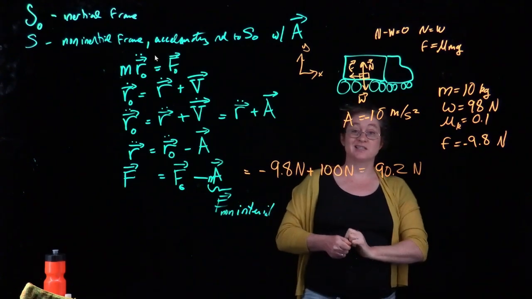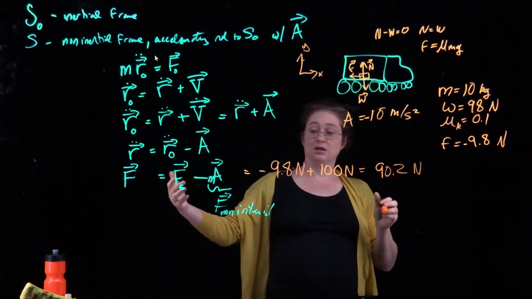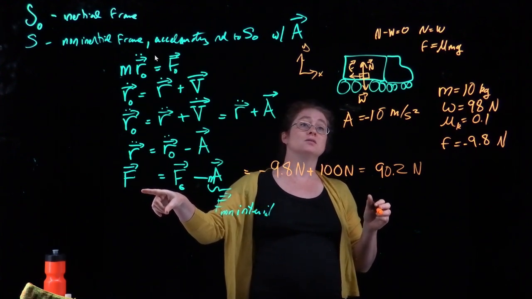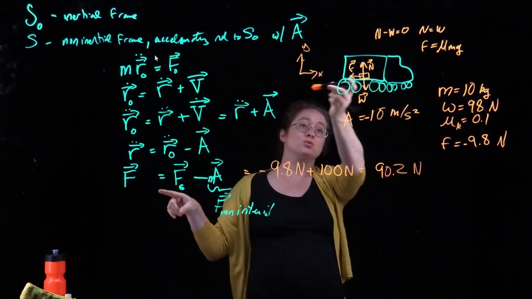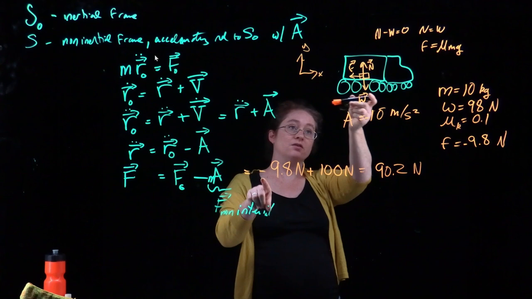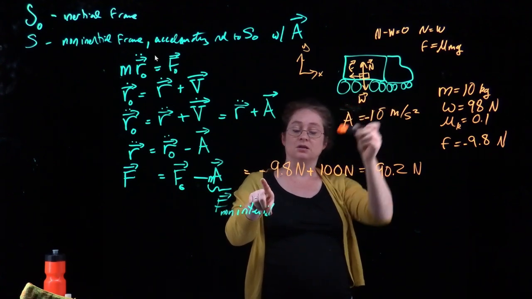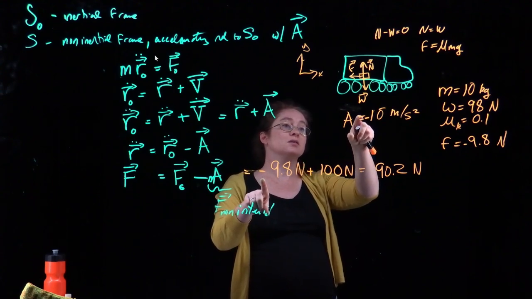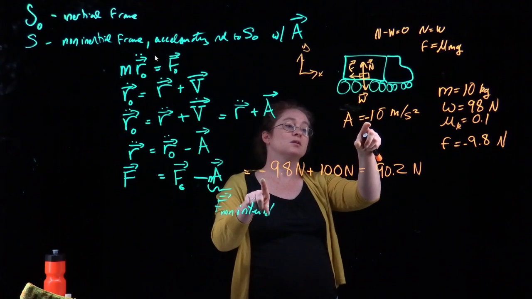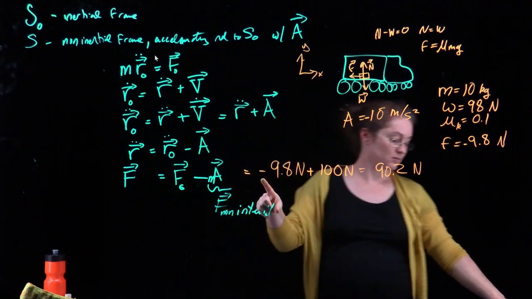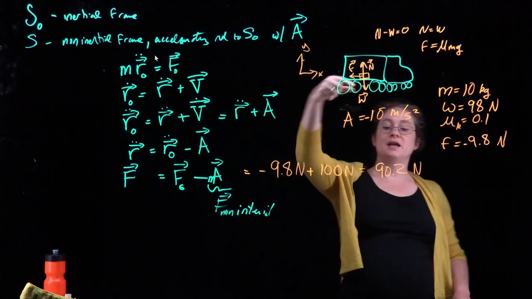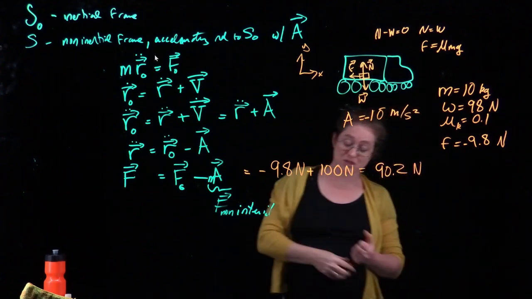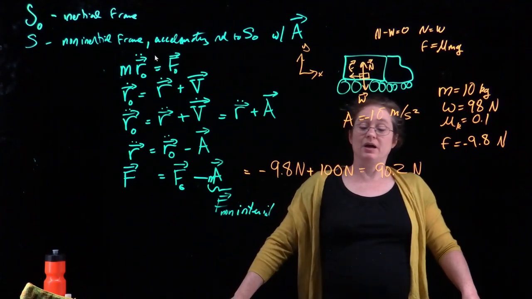So if you are sitting in the truck, let's see, did I get the sign correct? The actual force is in the negative x hat direction, and that means, so here the truck is slowing down. Inside the bed of the truck, it looks like the book is going forward with an acceleration of 90.2 newtons.